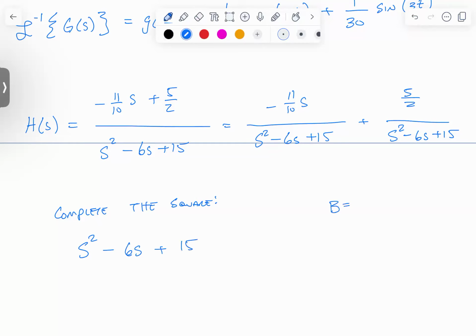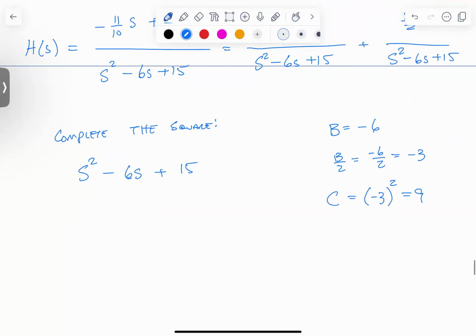So b equals -6. B over 2 is -6 over 2, which is -3, which makes c -3 squared, which is 9. And again, this is adding 0. So I'm going to add 9 and subtract 9.